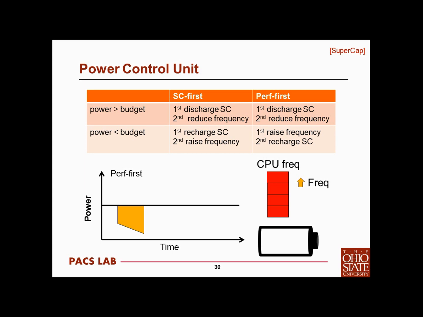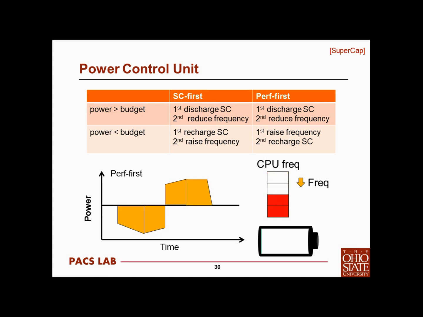Only then do we start recharging the energy storage device. In another case, when the power consumption is higher than the power budget, since we give high priority to performance, we first discharge the energy storage device until it is totally drained. Only then do we start to lower the frequency.